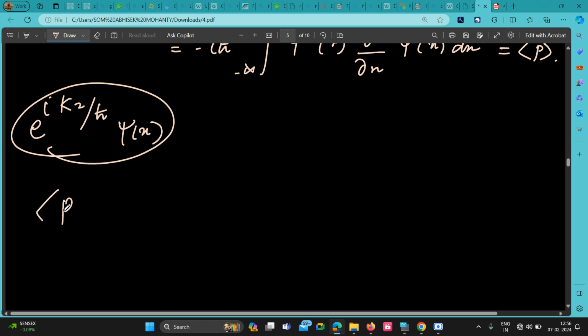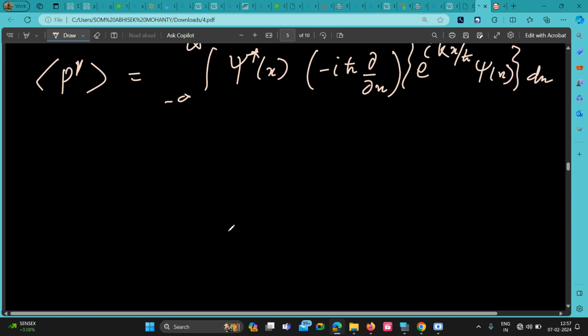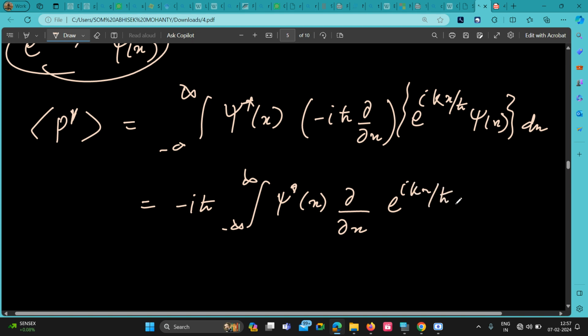Suppose p dash is the integral from minus infinity to infinity of psi star x, minus i h cut del by del x of e to the power i k x by h cut psi x dx. These are two quantities, so I'll take the derivative separately. First, let's take the minus i h cut out: minus i h cut integral of psi star x del by del x of e to the power i k x by h cut psi x dx.